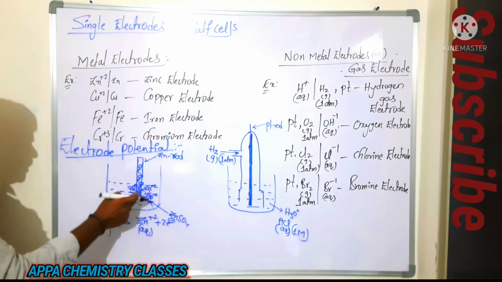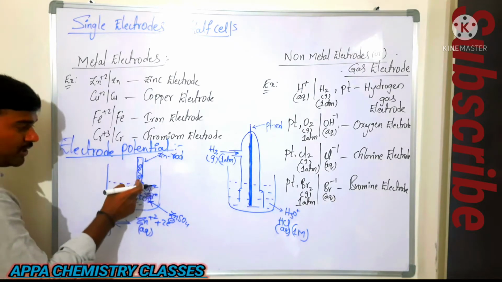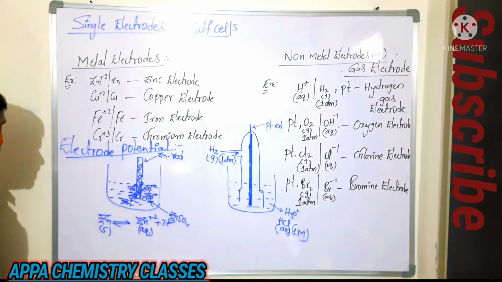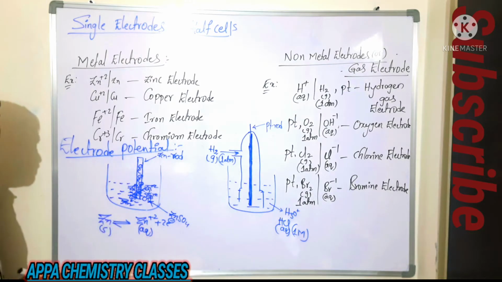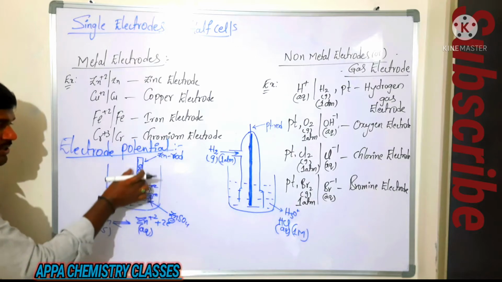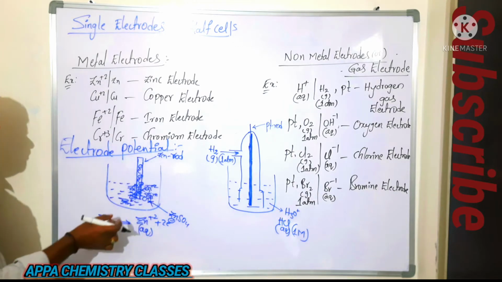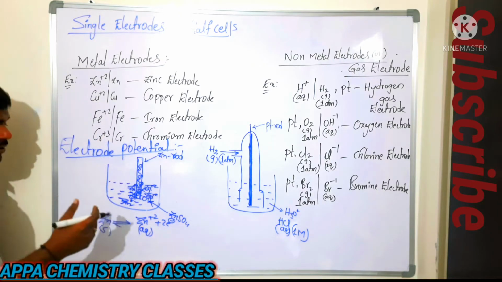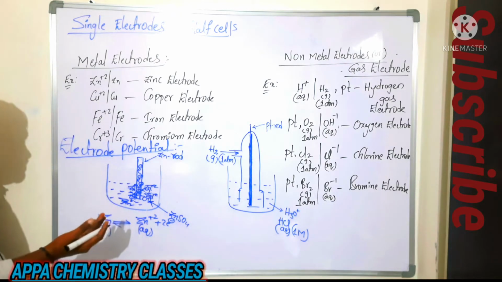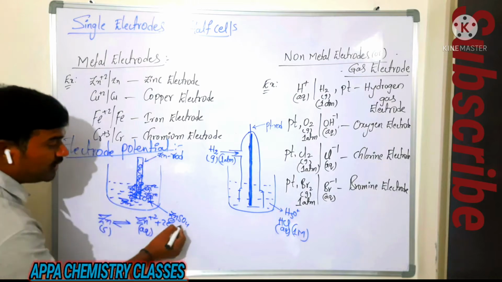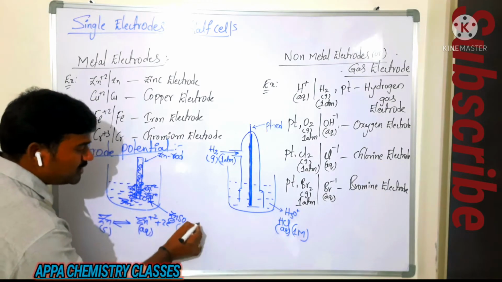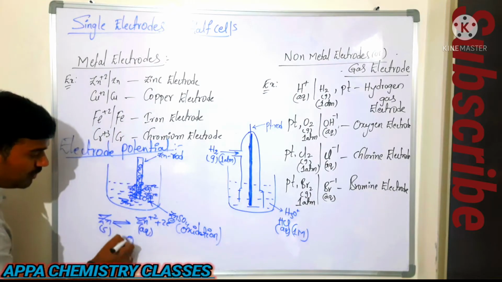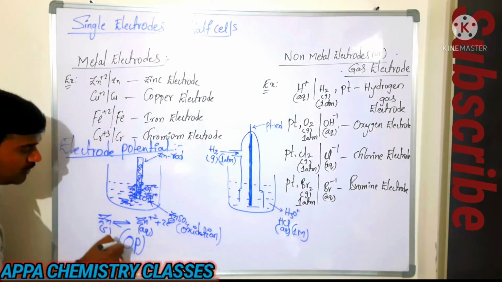Then whatever potential is developed between the metal rod and electrolytic solution, that potential is said to be electrode potential. The potential which is developed around the metal electrode is said to be electrode potential. So which type of electrode potential is it? It is taking place by loss of electron, so it is oxidation. Which is nothing but what? Oxidation potential we got here.